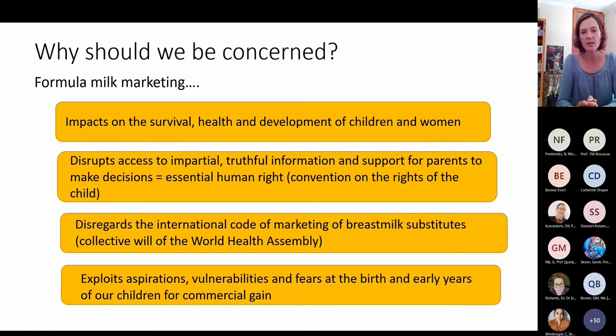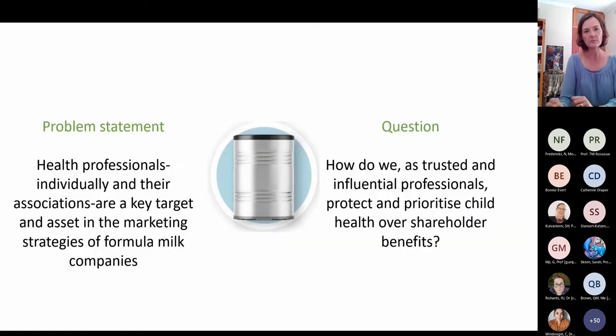It disregards the International Code of Marketing, which is the collective will of the member states of the World Health Assembly. And it exploits aspirations, vulnerabilities, and fears at the time of birth and the early years of children's lives for commercial gain. So we know that health professionals, individually as well as through their associations, are a key target and an asset in the marketing strategies of formula companies.